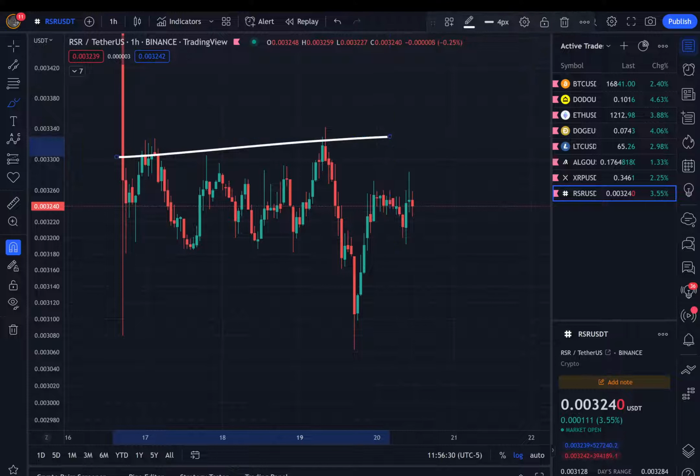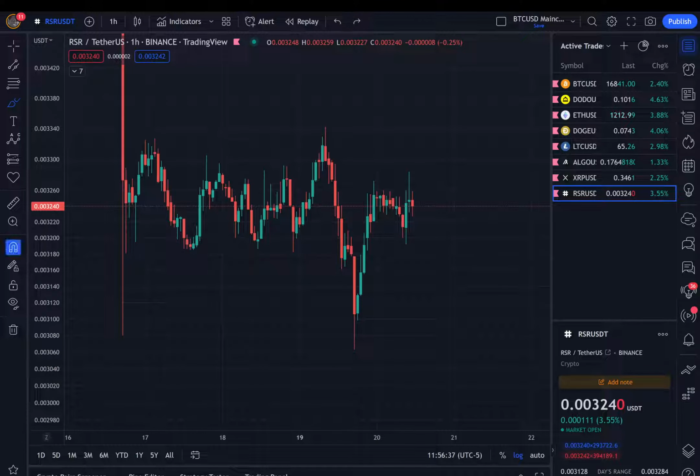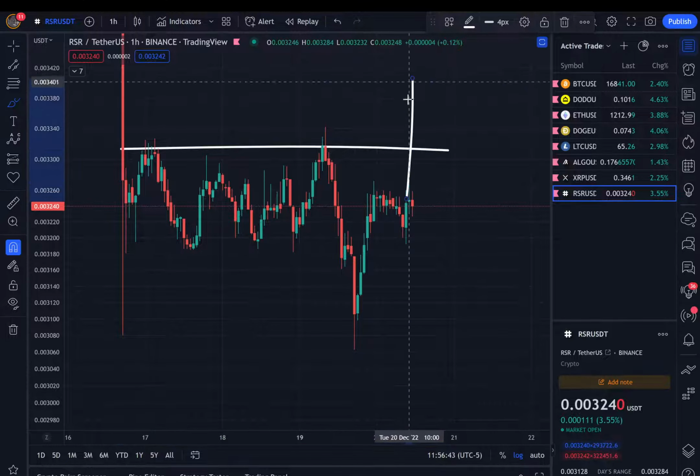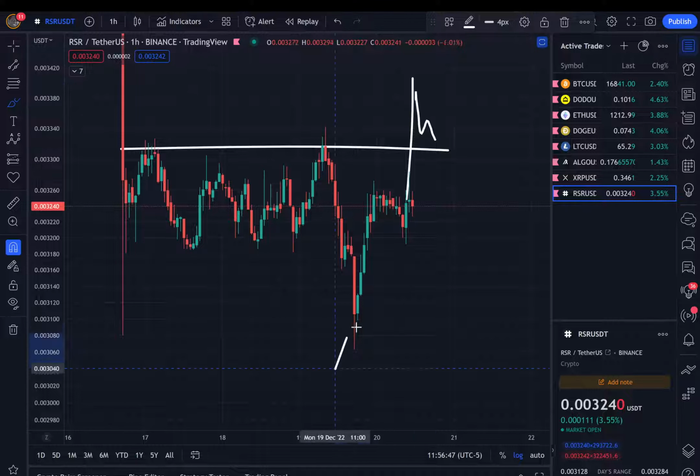Remember, if this is a bullish breakout, if this is indeed a trend change, I need a higher high. I need to break this resistance to the upside at the very least. So this is what I'm expecting. If this is what I think it is, I'm waiting for this.